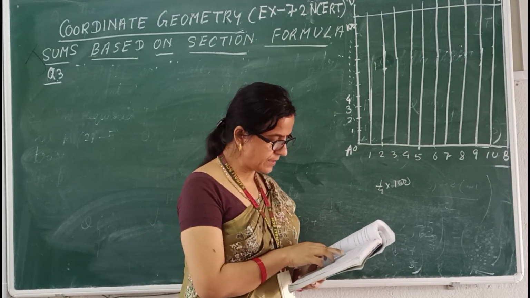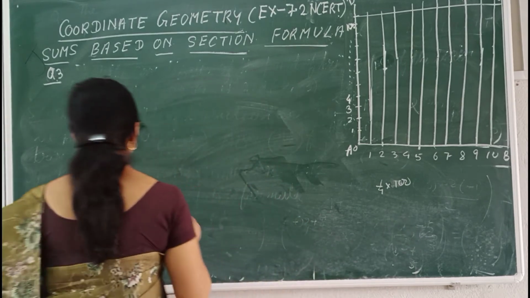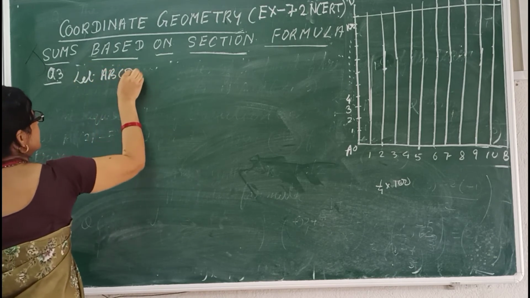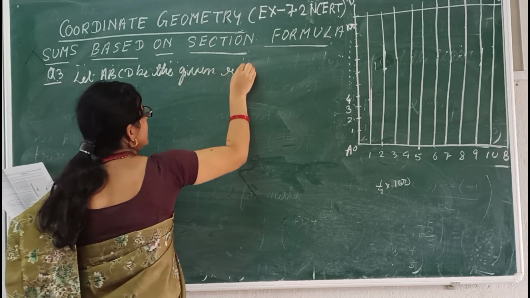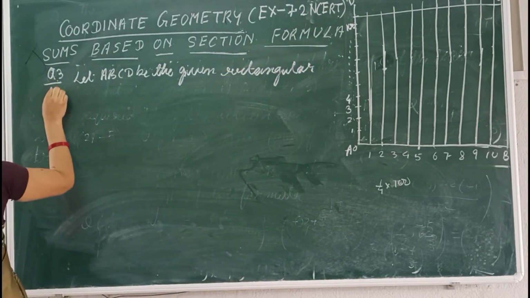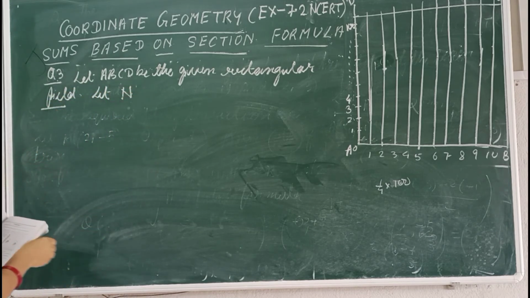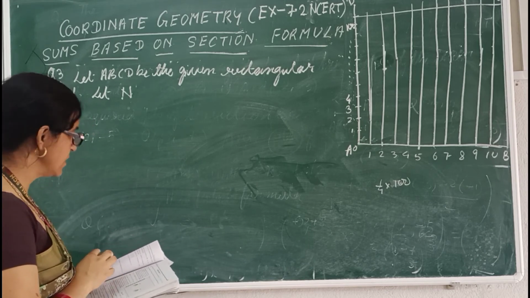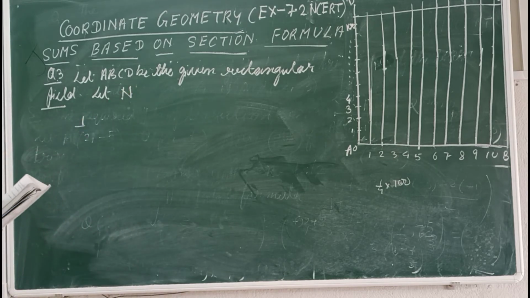Now the question is saying that Niharika runs 1/4 the distance of AD. So let us start. Let ABCD be the given rectangular field. Let N be for Niharika. Niharika runs 1/4 the distance of AD. So let us first write what is the distance AD.